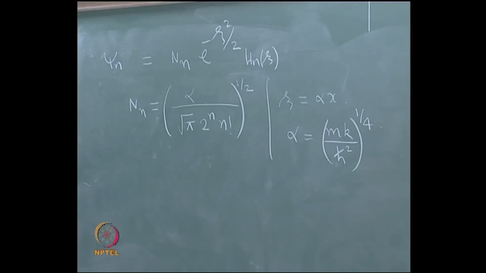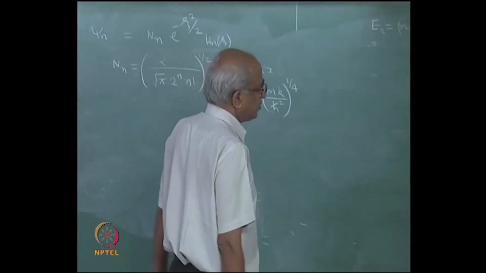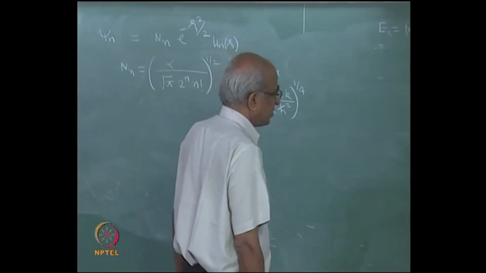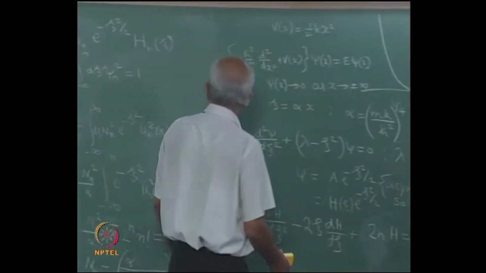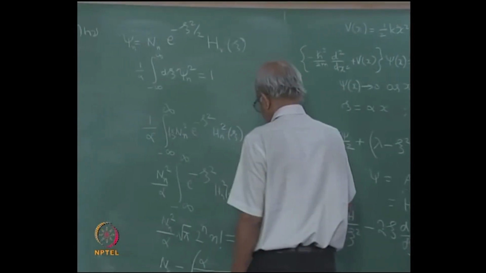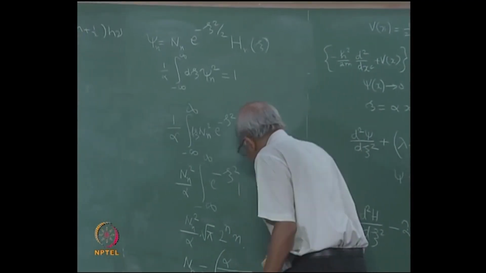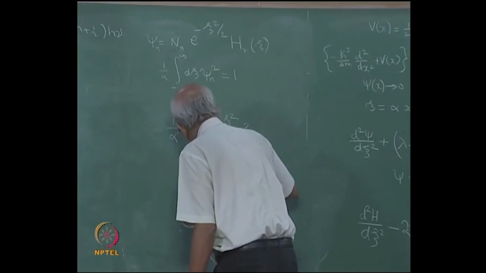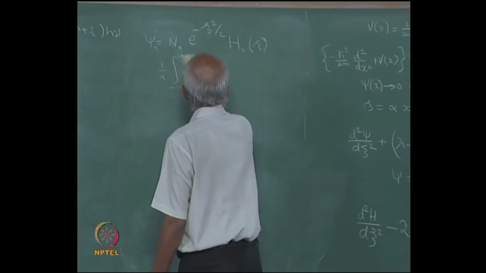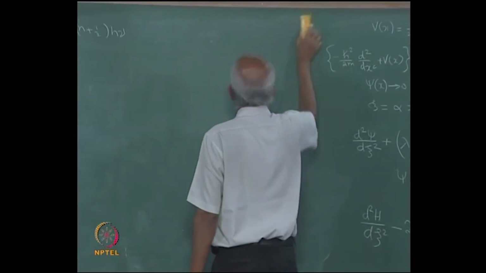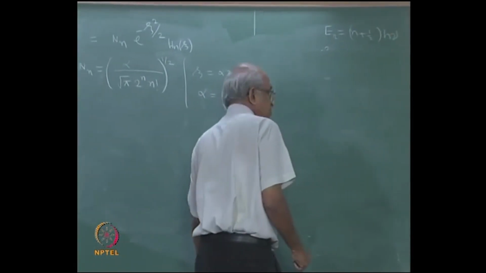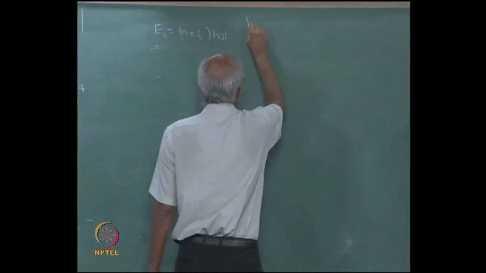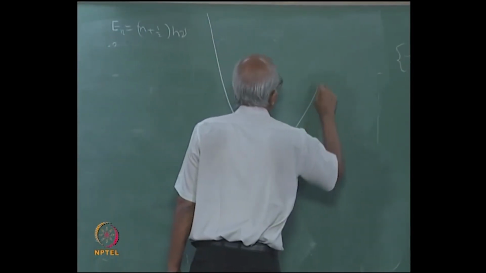And then it's not just enough to solve the equation, we have to look at the different possible levels of the system. Let us look at that. This is the potential energy of the harmonic oscillator.